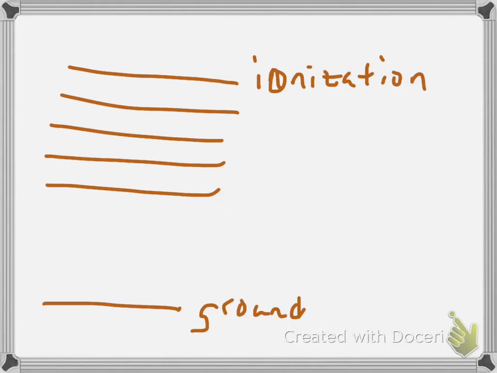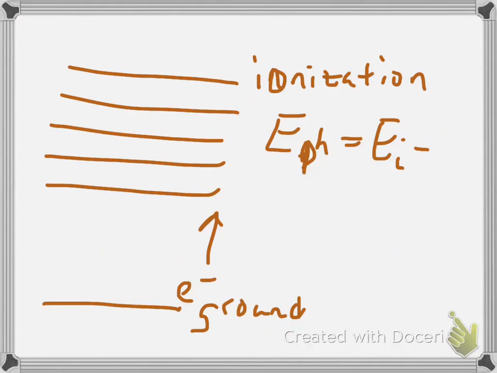So when a photon gets absorbed, the electron here will jump levels. It moves up levels. And the energy of that photon is equal to the initial energy from the energy level minus the final energy from that energy level.